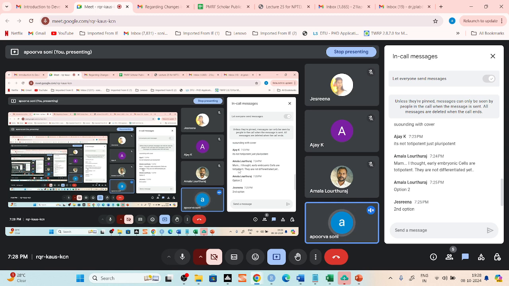Initially, after fertilization has taken place, the initial stages are totipotent, and then later on they come to the pluripotent stage. And if you yourself have answered that each cell is giving rise to a whole embryo, pluripotent cells cannot do this. Okay, they cannot give rise to a whole organism. Only totipotent cells can give rise to a whole organism.